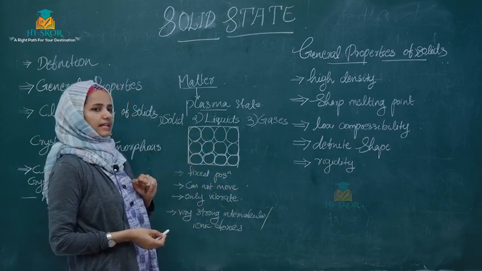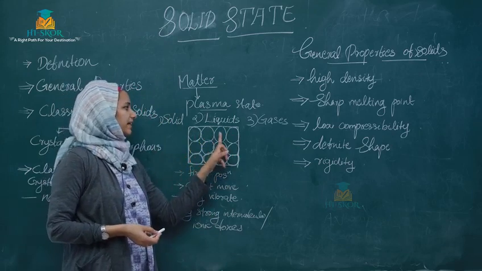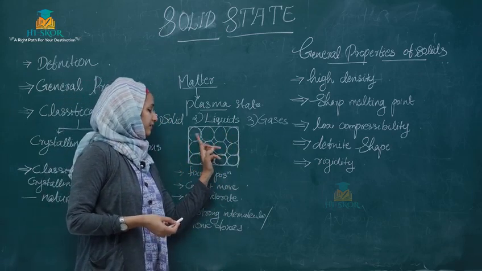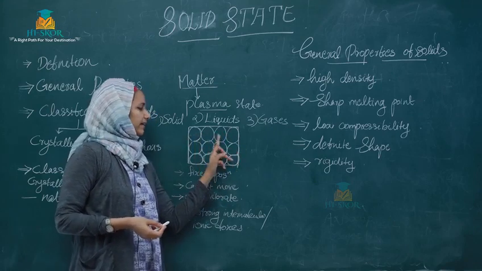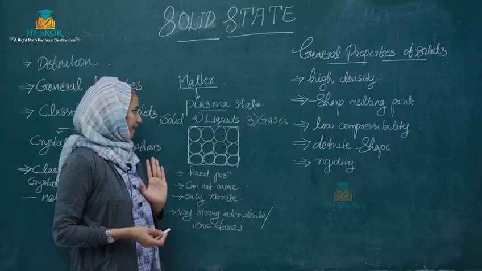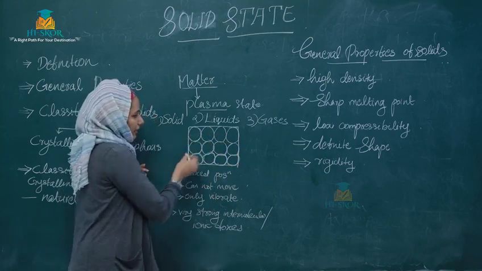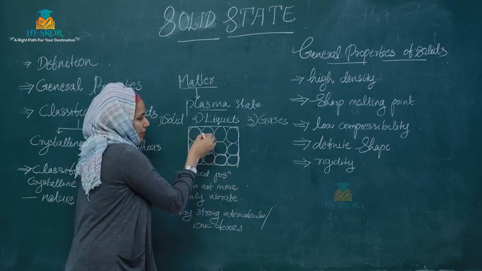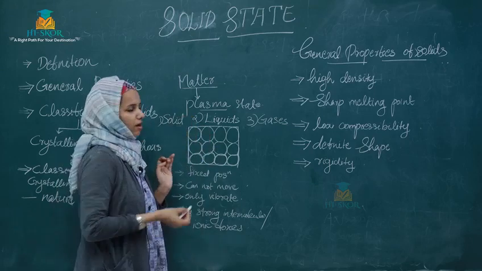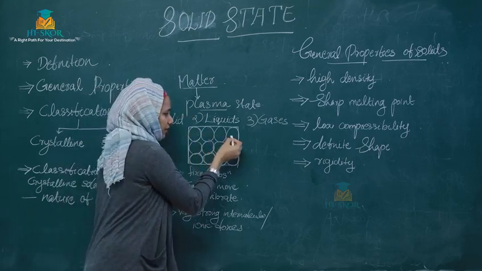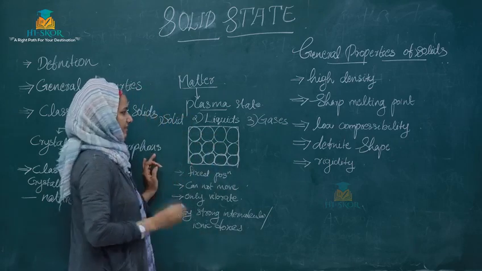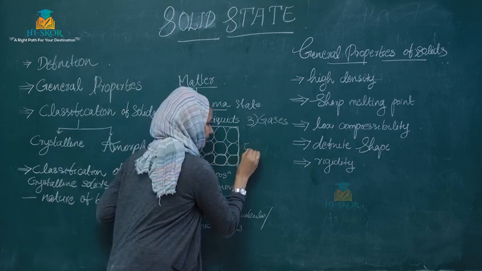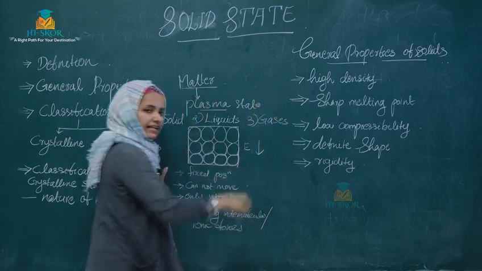On seeing it, we can see that all the particles are very closely packed. That means the force of attraction between the particles is very strong. That is why they are very closely arranged, and their energy will be minimum.